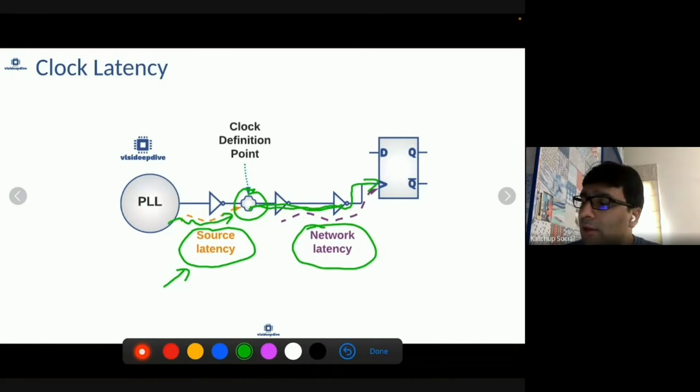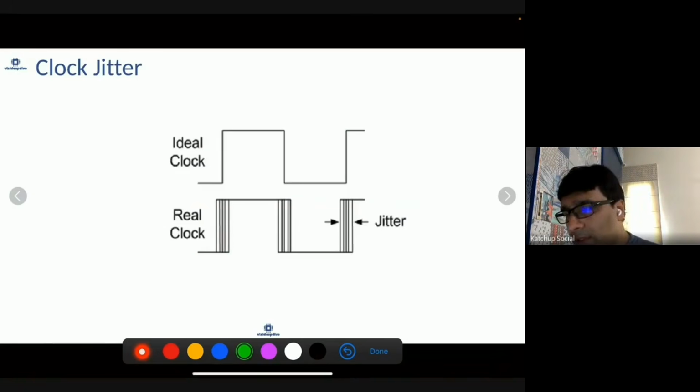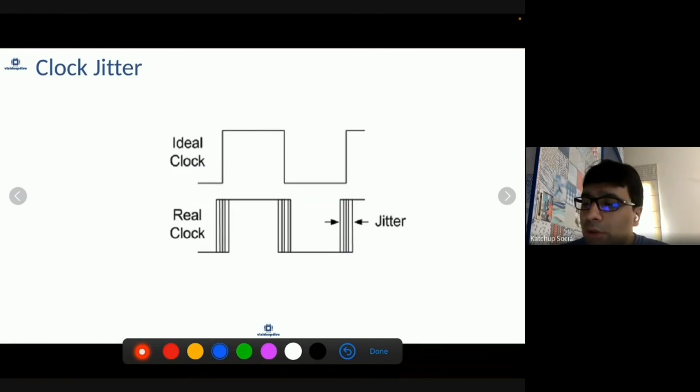In addition to that, there is one more effect which takes place. Clocks are not ideal because of the physics. Ideally, if you have a clock, you will assume it rises at t equal to 0, and let's say 10 is the clock period, it will rise again at t equal to 10.